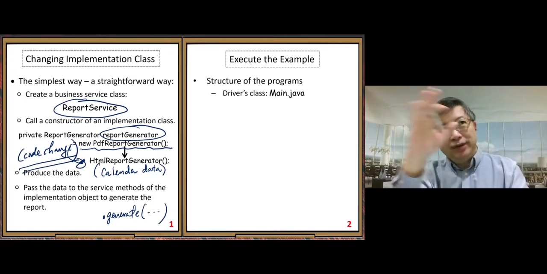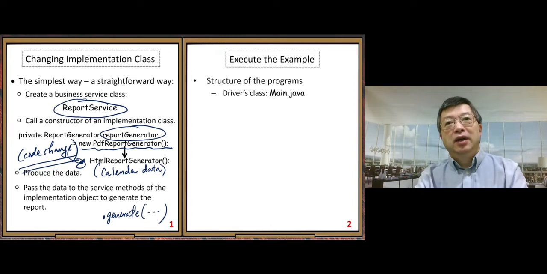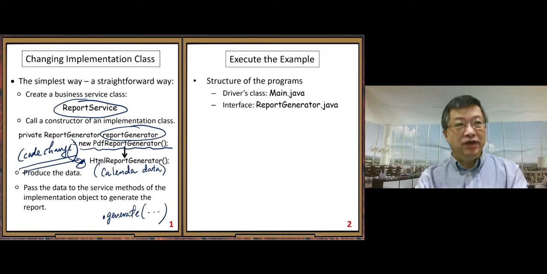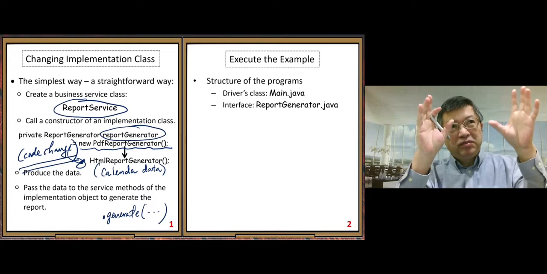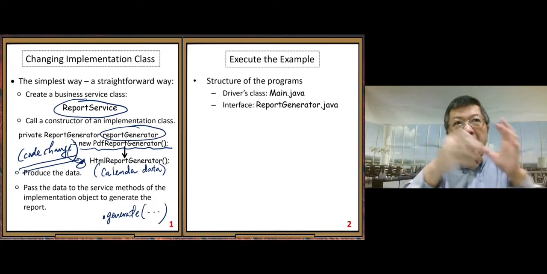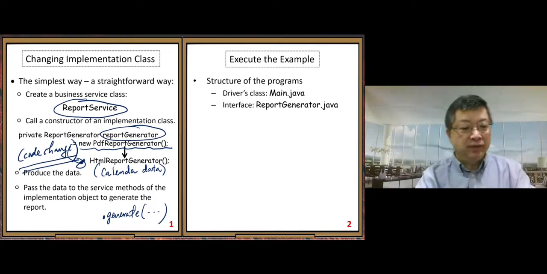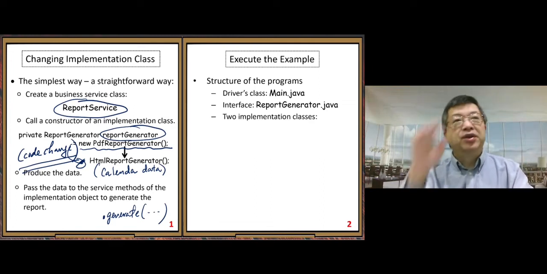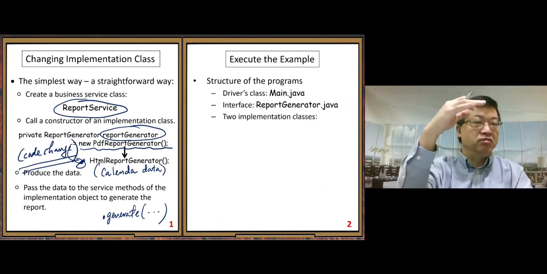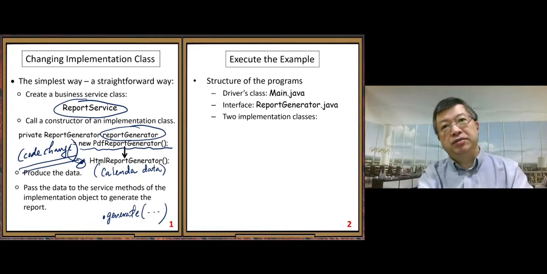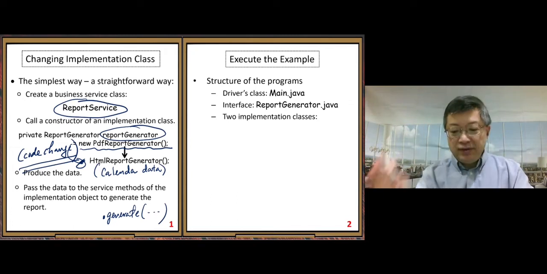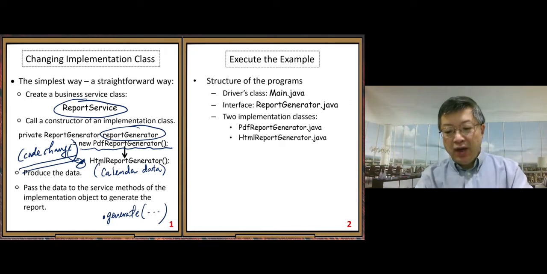Second one, the interface ReportGenerator.java. When you do switching, this interface plays an important role to handle that switching part. Then 2 implementation classes corresponding to different rendering technologies. The last one, the business class.